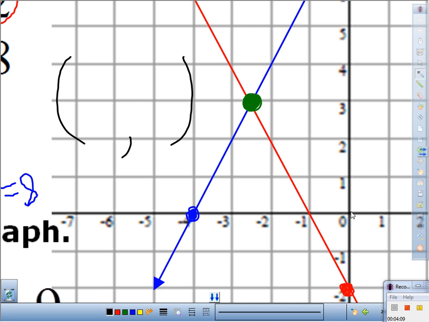Very good. -2.5, because it's about right here, yes? -2.5. So let's see, -2.5 is about right here. Let's see if it matches there to the point. Yes. And what is my y value? 3. And that is my solution.